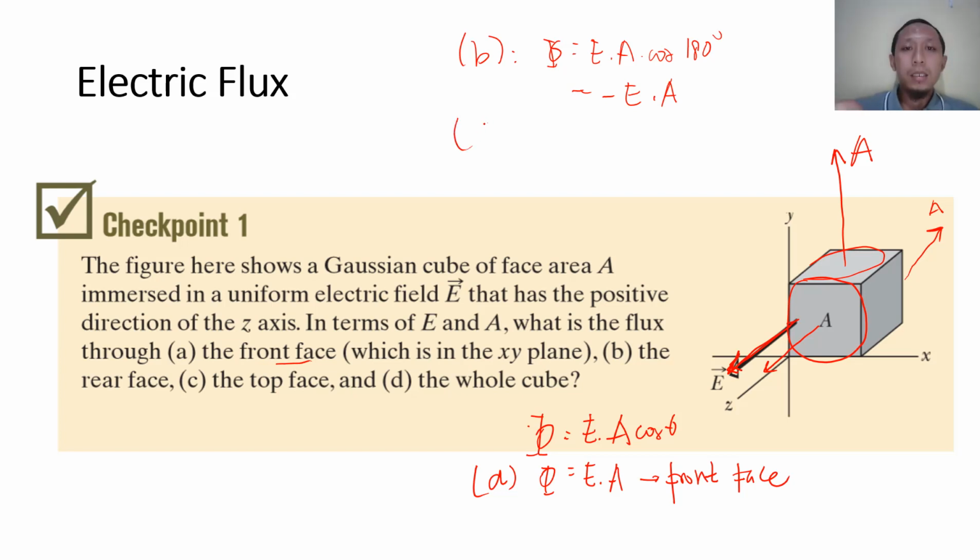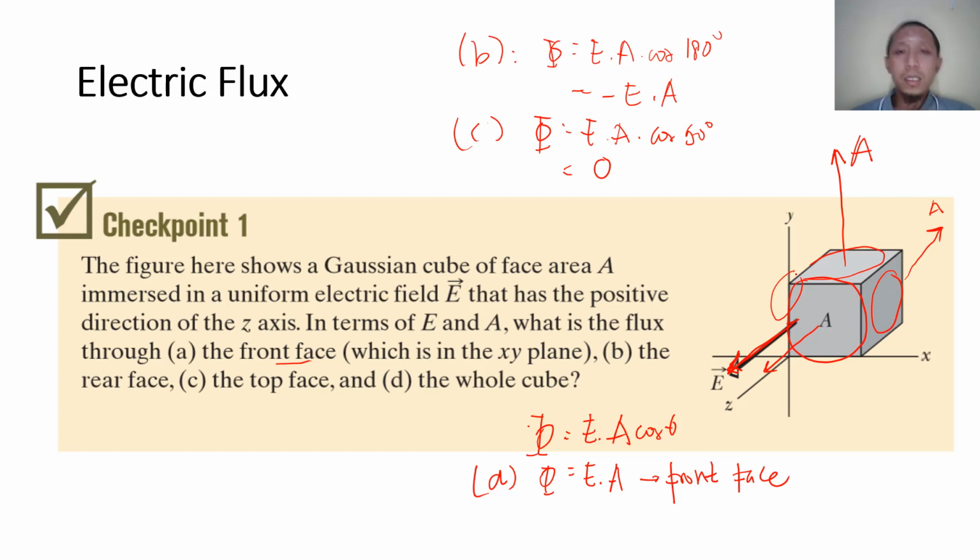So the flux is E A cosine 90 degrees, which is 0. So in the top face, and also in the bottom face, it is similarly 90 degrees, and also here on the left side and the right side.